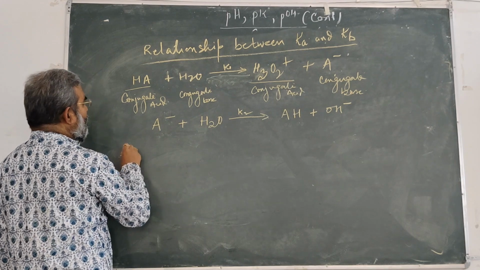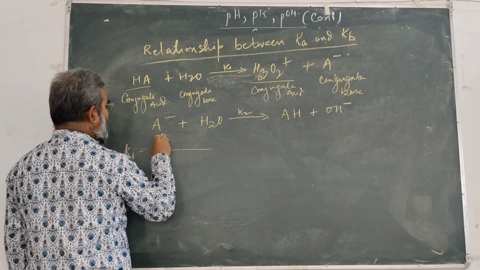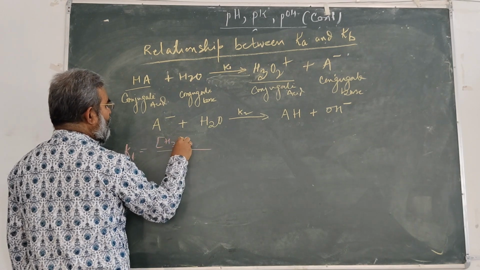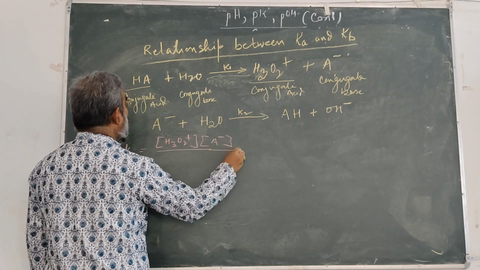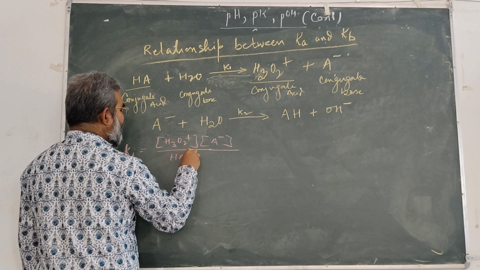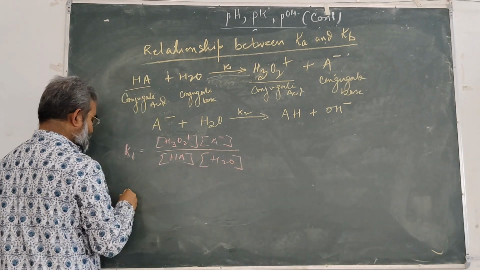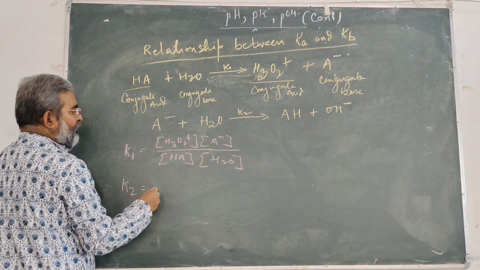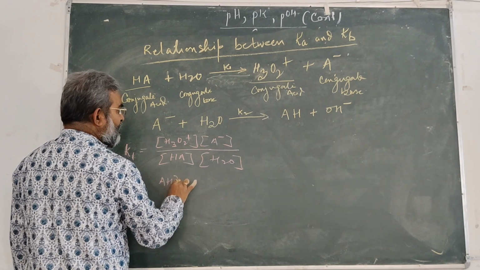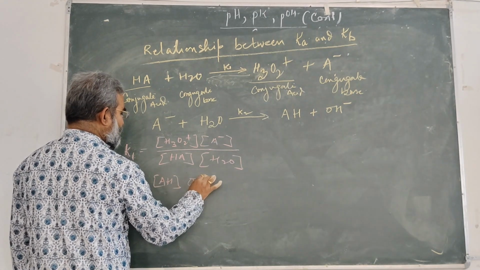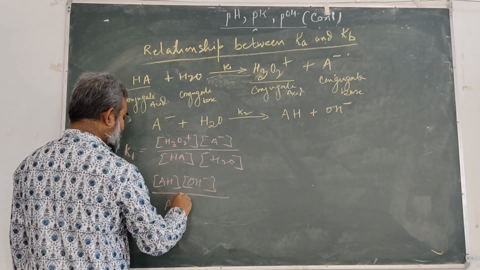HA plus H2O gives H3O plus A minus. A minus plus H2O gives AH plus OH minus.